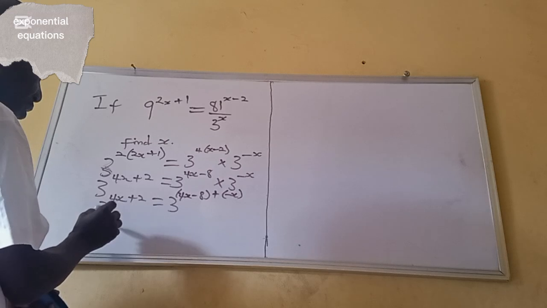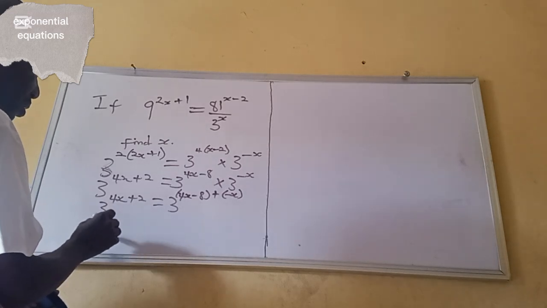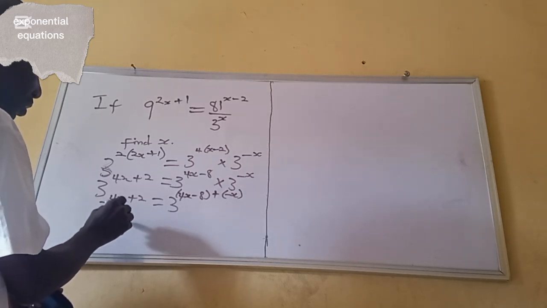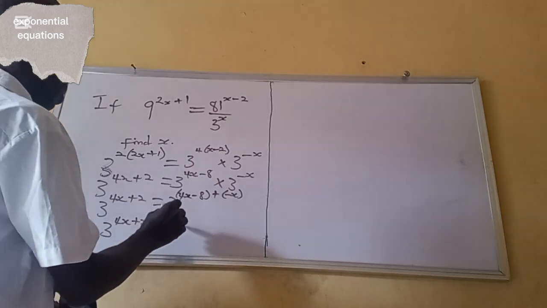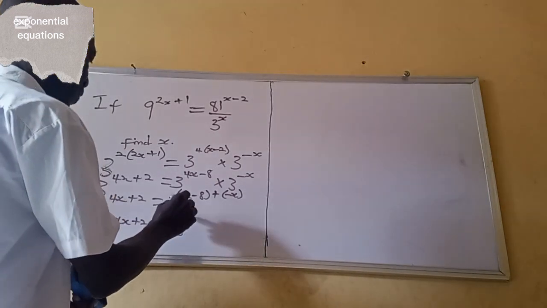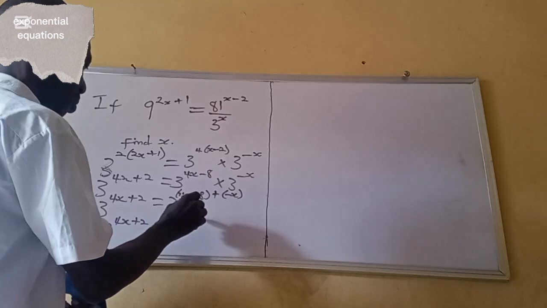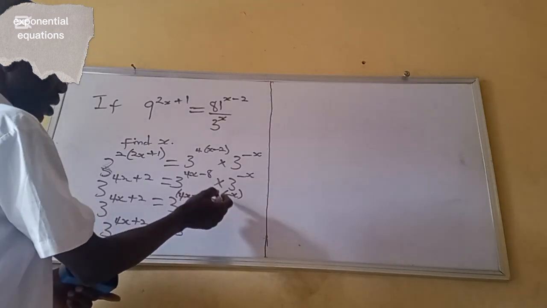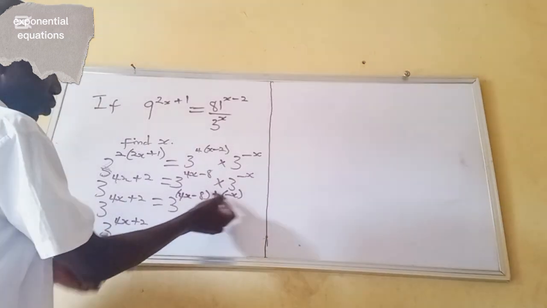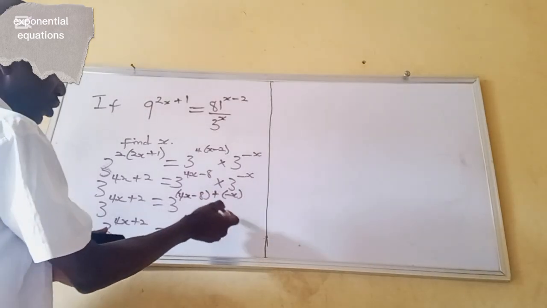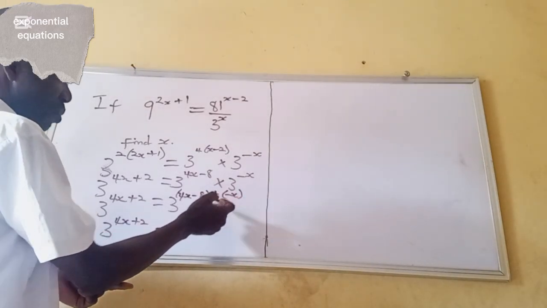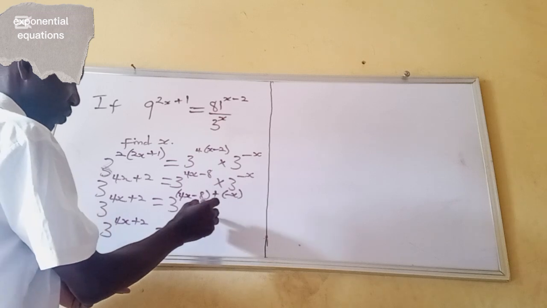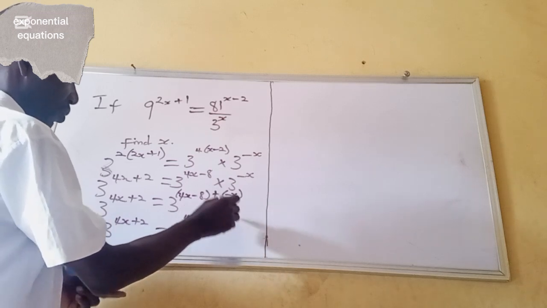So this will give us 3 raised to the power 4x plus 2 is equal to 3 to the power 4x minus 8, and opening the bracket to solve it, plus times minus is minus, so you have minus x.